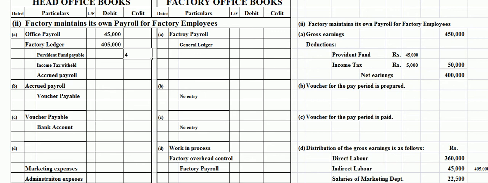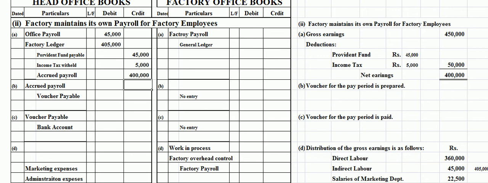The provident fund amount is 45,000 rupees. Income tax is 5,000 rupees. And the accrued payroll is 4 lakh rupees here. This is the first transaction which is passed in the book of head office.